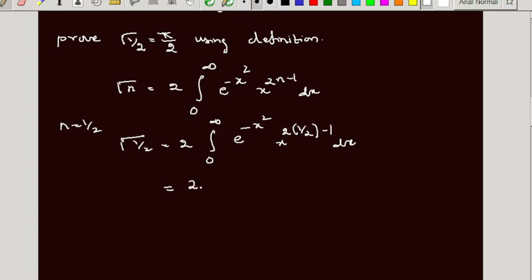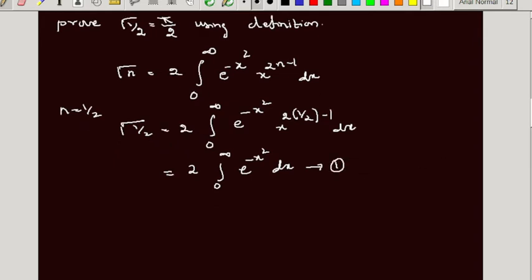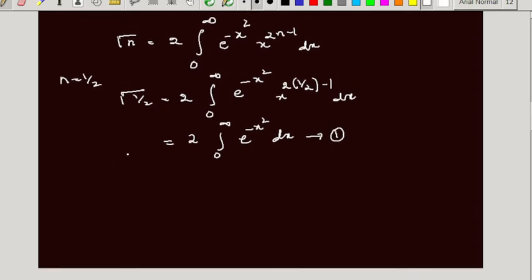So this one we can write as 0 to infinity e power minus x square into dx. We consider this as equation number 1 for this problem. Once again we write gamma 1 by 2 by changing the variable. Here straight away we replace, and from equation number 1, we get e power minus y square into dy.